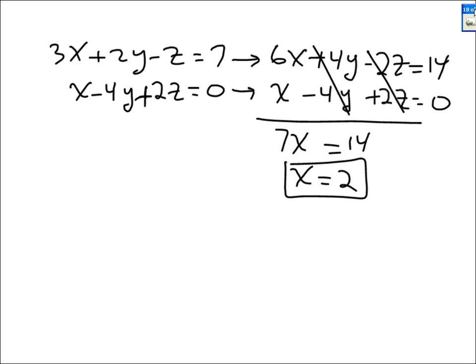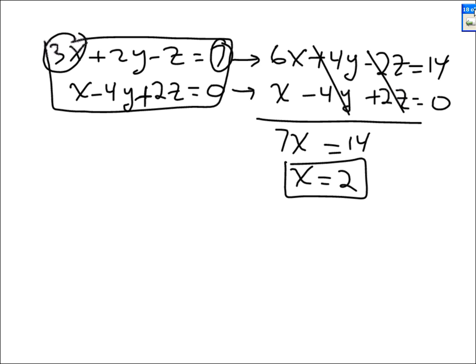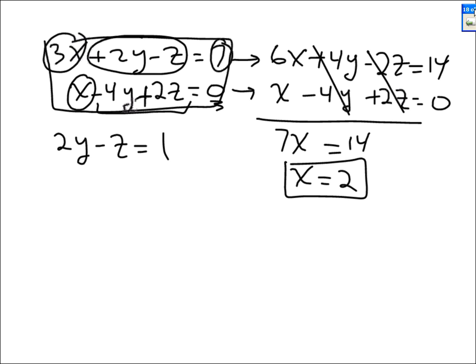So now I go back to any of the equations on the board, say these two equations, and I plug in 2. 3 times 2 is 6. And if I want to get 7, you should be mathematically mature enough to say, 2y minus z is 1. 6 plus 1 is 7. If this is 2, then what's left over to get 0 has to be negative 2. Negative 4y plus 2z must be 0.